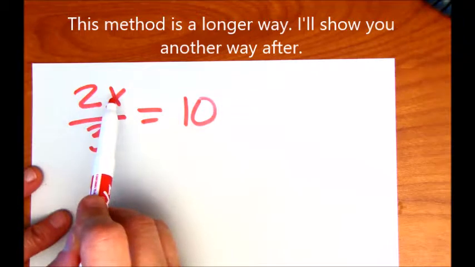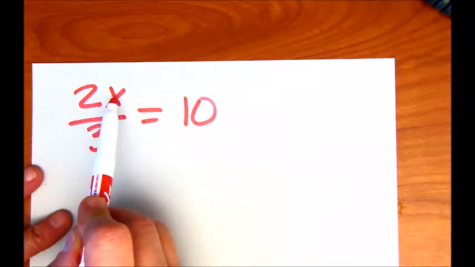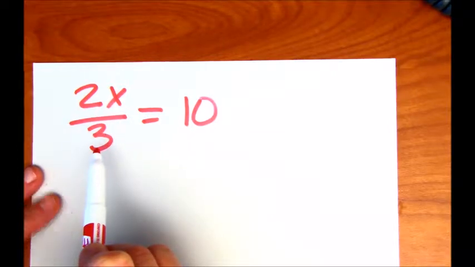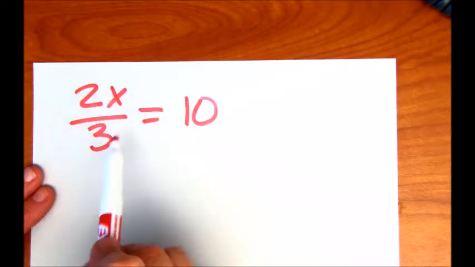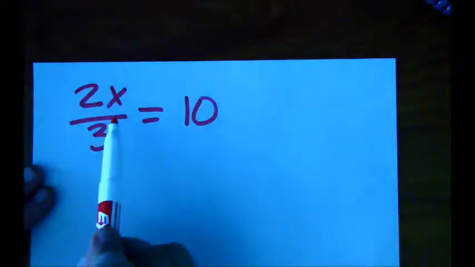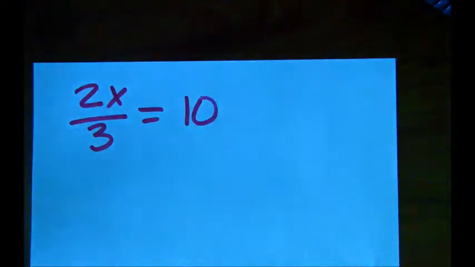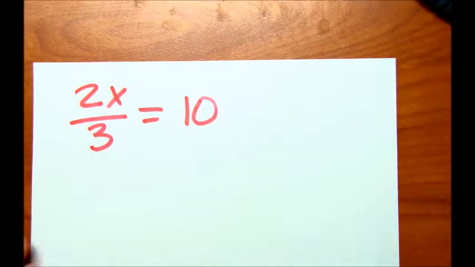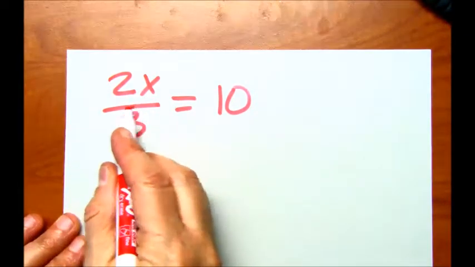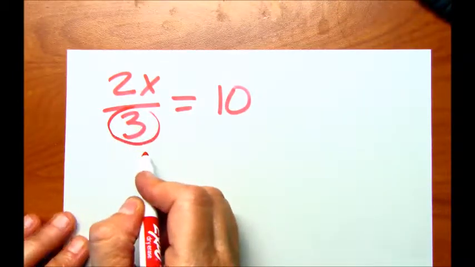This is 2 times a number, so we got multiplication, and we also have, we're dividing by 3. Now whenever you've got this fraction set up, or this division set up with the line going across, it's a good idea to eliminate this by getting rid of whatever's in this position.